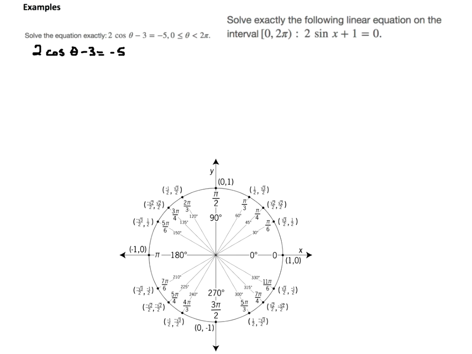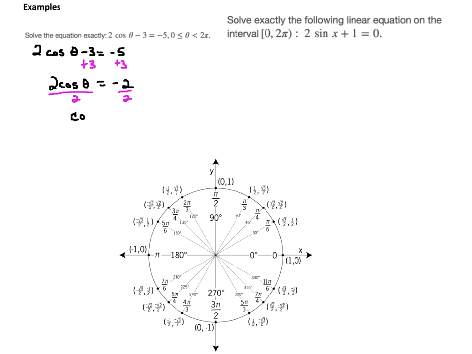So the first thing I'm going to do is add, oops, I grabbed a white pen. Hang on. Add 3. That gives me 2 times the cosine of theta is equal to negative 2. Now I'm going to divide both sides by 2.